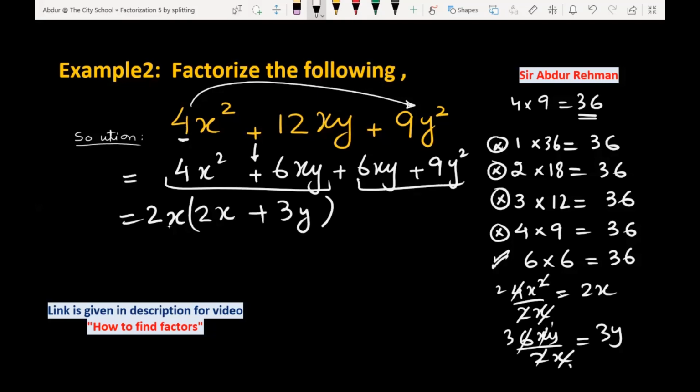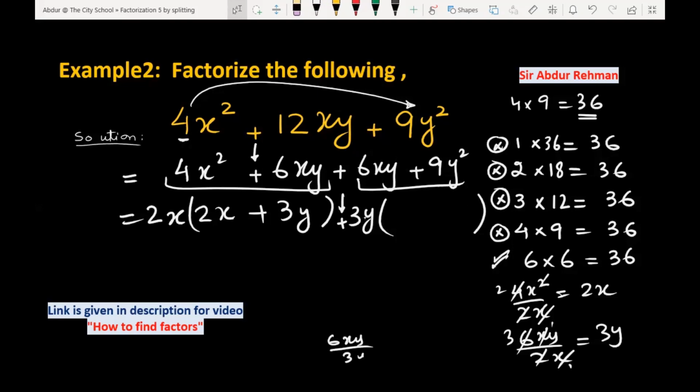In the next group, 9 and 6 are divisible by 3. First copy this sign, then write down the common, which is 3, and the variable y, since y square and y, so the common is 3y. So we have to divide 6xy by 3y.